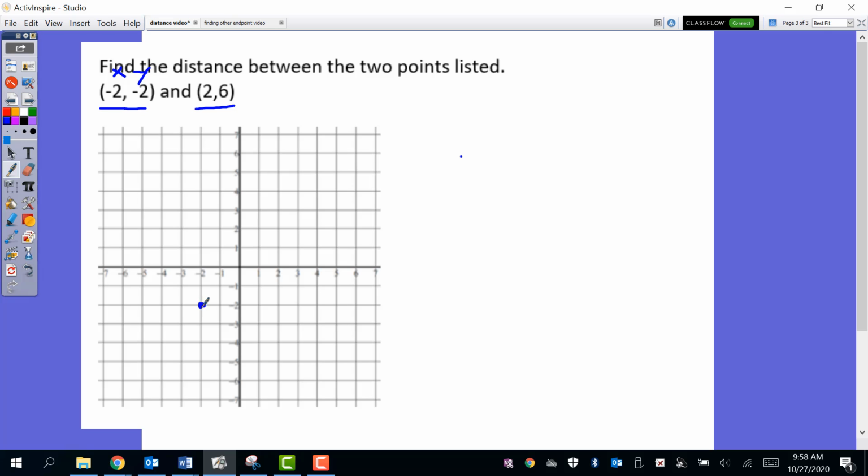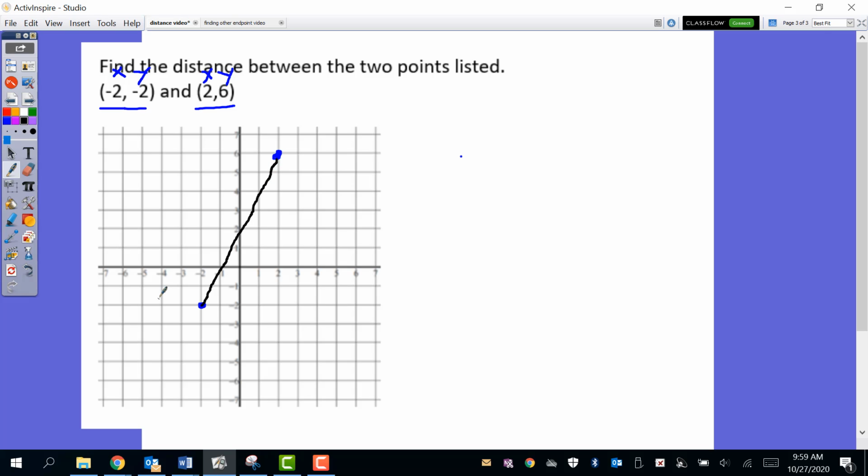Now that I found the point, I'm going to plot it there. I'll do the same thing for 2 and 6. I'll find 2 for x, and then y will be my 6. Then I'll plot this other point. Now I have to draw the straight line.